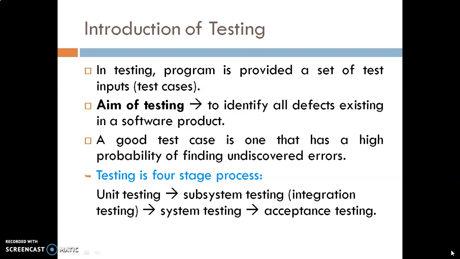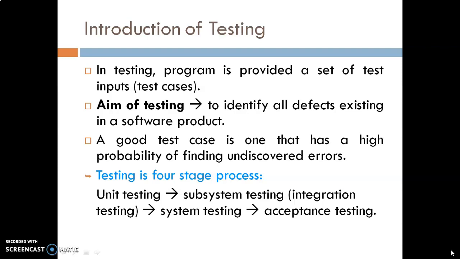Now the next topic is testing. Here is a basic introduction to testing. In testing, the program is provided a set of test cases, a set of inputs. What is the main aim of testing? The aim of testing is to identify all the defects, meaning faults, in an existing system or software product.